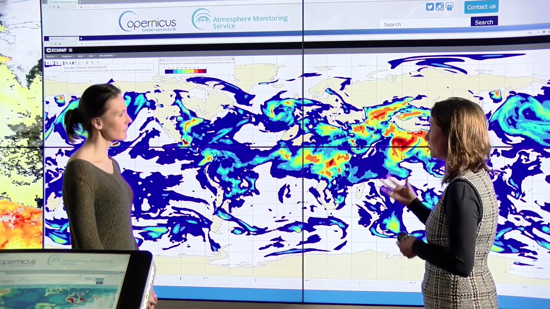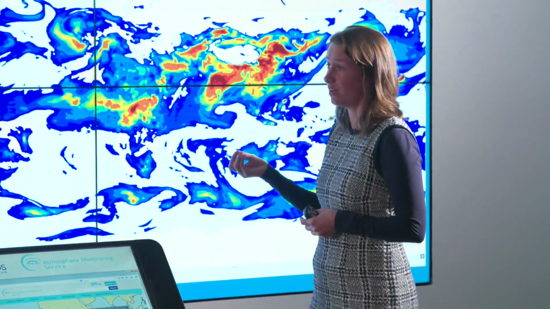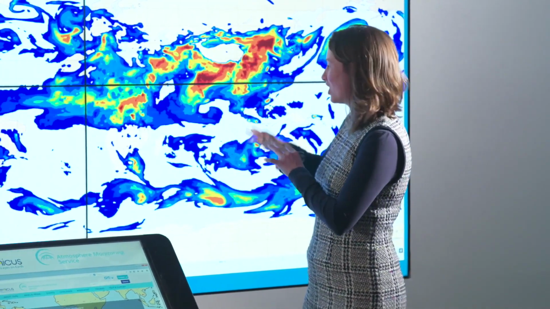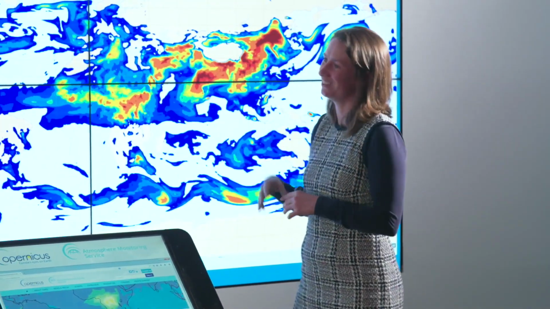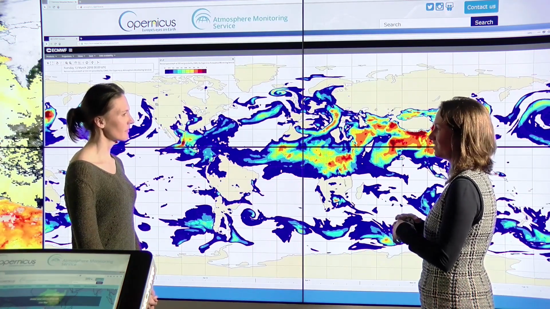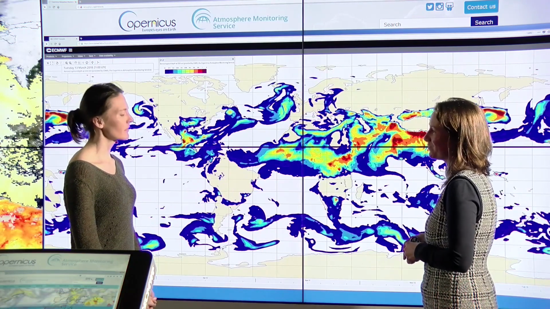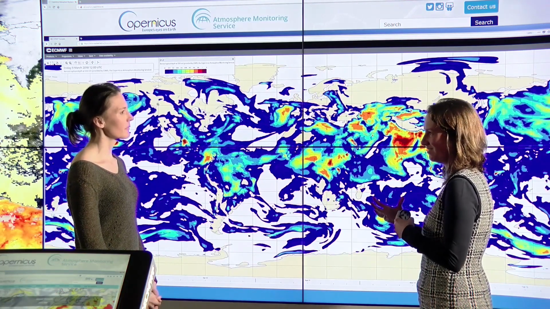What would be really good at some point in the future, with enough computer power, would be to increase the resolution of our model. But you're looking at a global model on multiple levels going up through the atmosphere, so to increase the resolution is a huge amount of computing power and a huge amount of data storage, so these things only become possible as the computers improve.